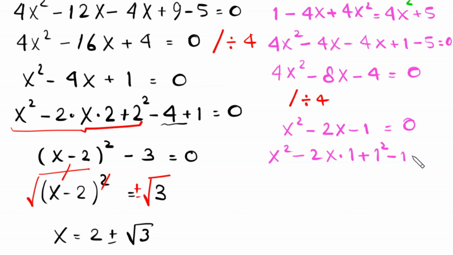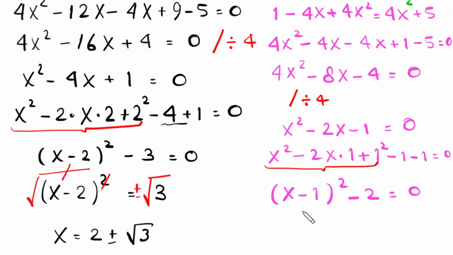This negative 1 remains same, negative 1 equal to 0. This x squared minus 2x times 1 plus 1 squared will become x minus 1 whole squared, and negative 1 minus 1 will become negative 2 equal to 0. Move this negative 2 to the right hand side. This will become x minus 1 whole squared equal to 2.